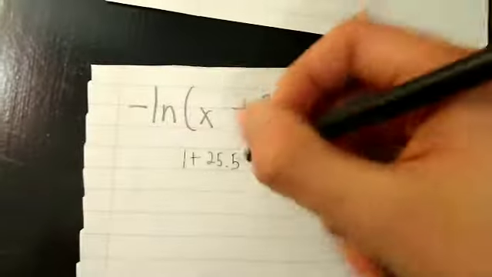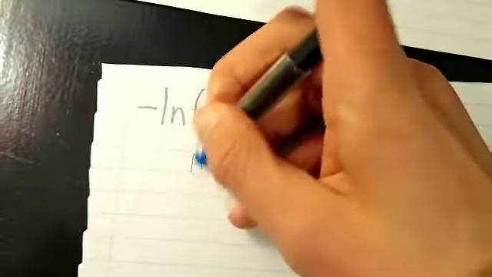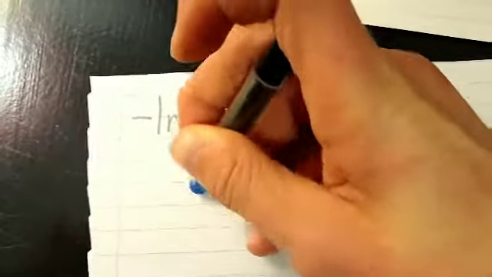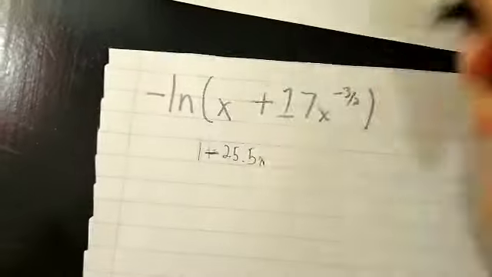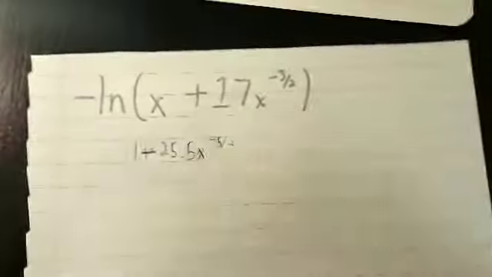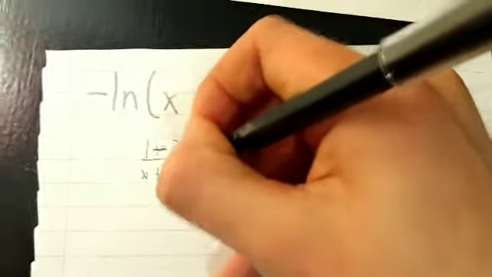So, 1 plus 25.5x to the 1/2 over x plus 17x to the negative 3 halves, with the minus sign out in front.